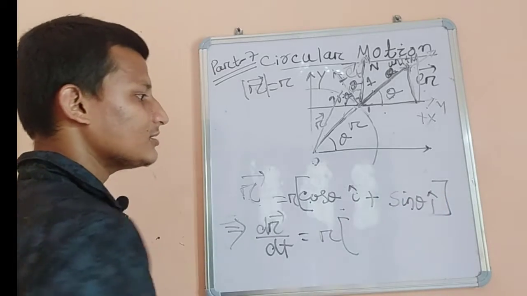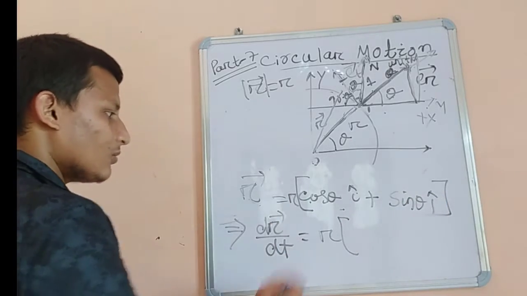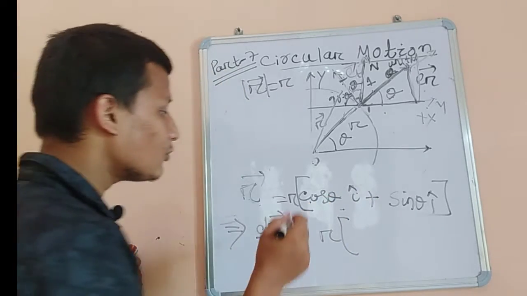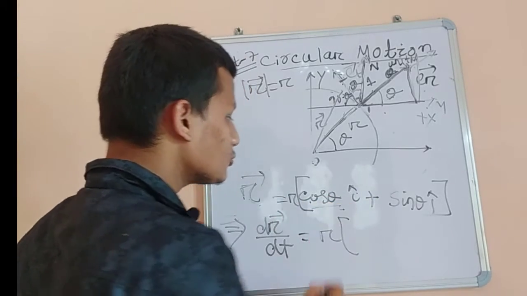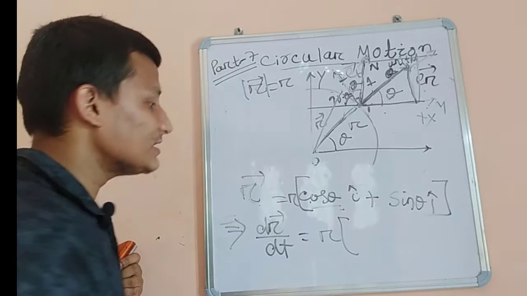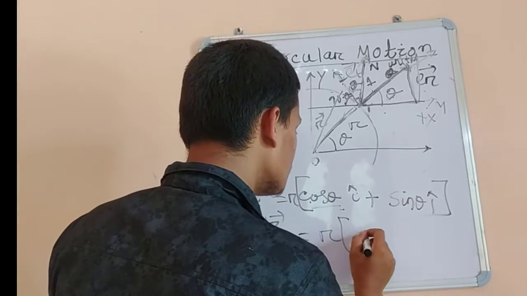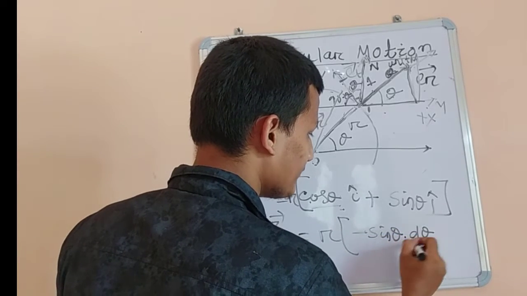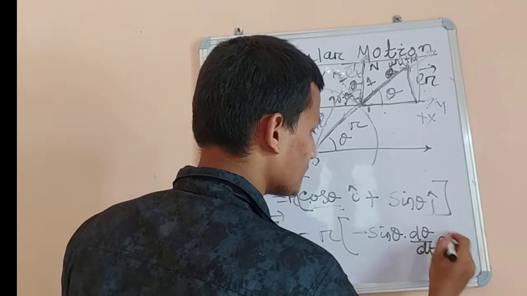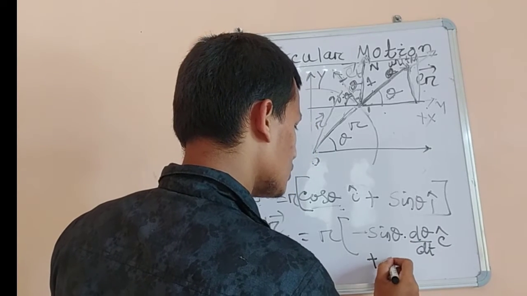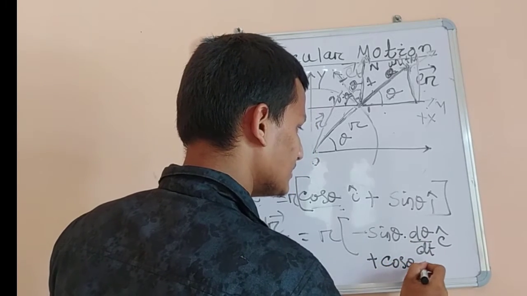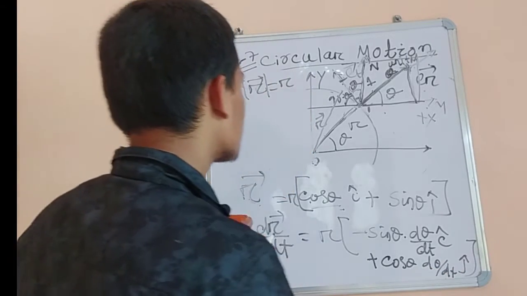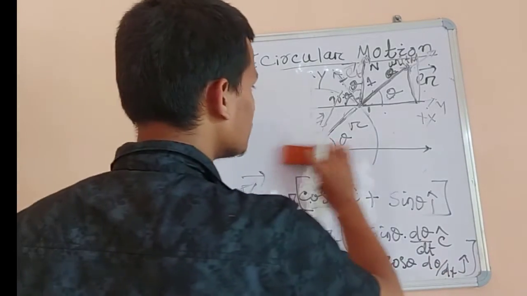So we only have to differentiate cos theta and sin theta. Differentiating cos theta with respect to time gives minus sin theta into d theta by dt into i cap, plus cos theta into d theta by dt into j cap.